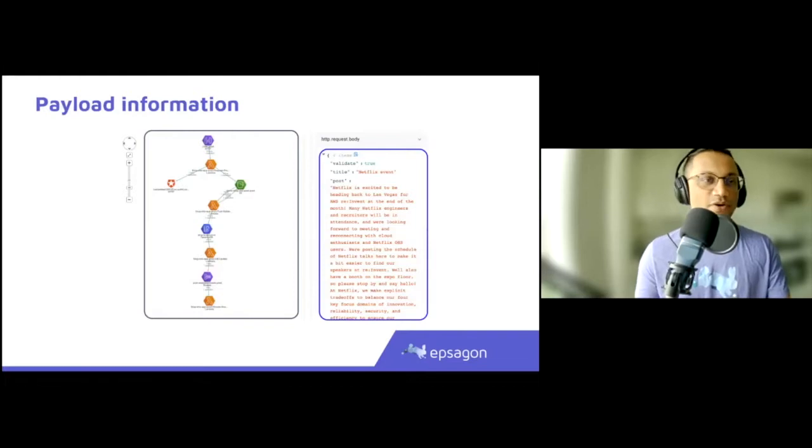And another important benefit which Epsagon does is the payload information. As I mentioned before, the logic of the code has shifted from within an application to calls between microservices. So it is really important to know what information is being transferred between microservices. So payload information in this case can help greatly to reduce mean time to detection and resolution.